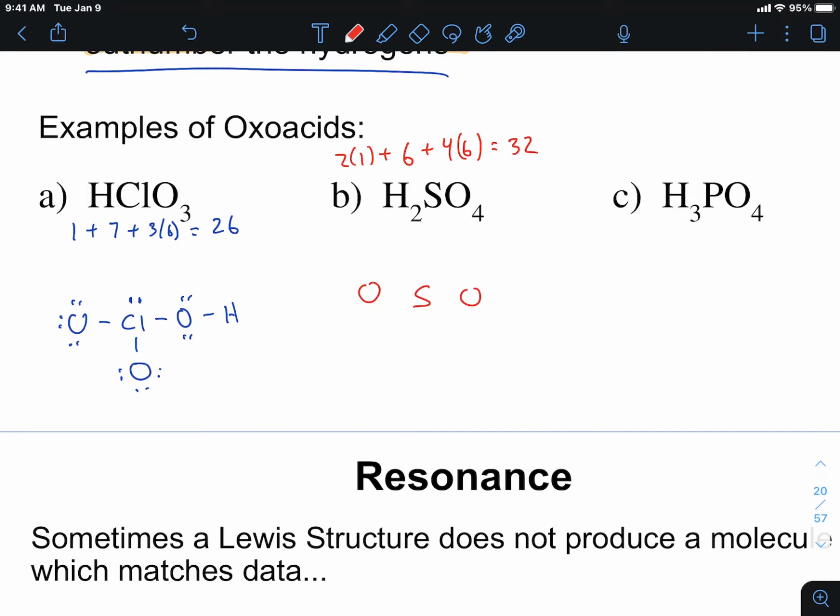I got 4 oxygens, so that makes it easy, just 1 on each side. There are 2 hydrogens. Pick 2 oxygens. It doesn't matter which ones. And finish the electron placement. And that's 32. And now we're done.